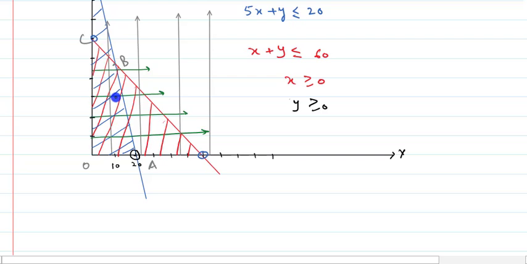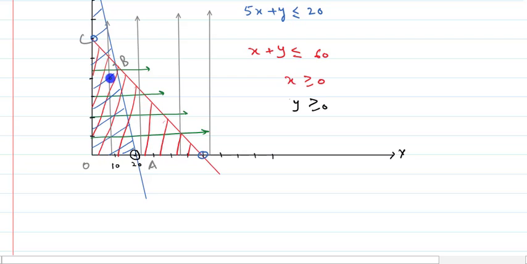This is green for x greater than equal to 0. This is gray for y greater than equal to 0. The red one is for x plus y less than equal to 60. And the blue one is for 5x plus y less than equal to 20. So this is the region which is called the feasible region.